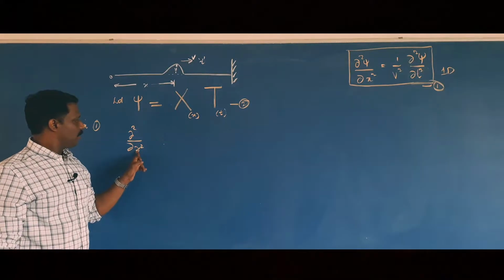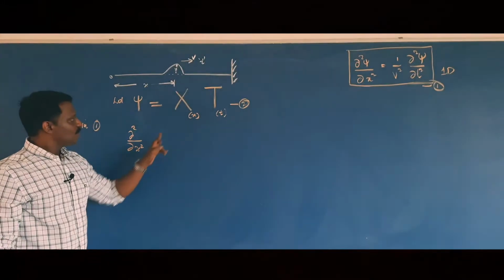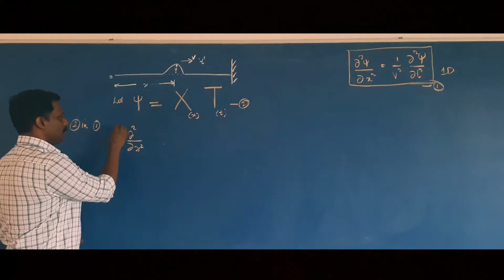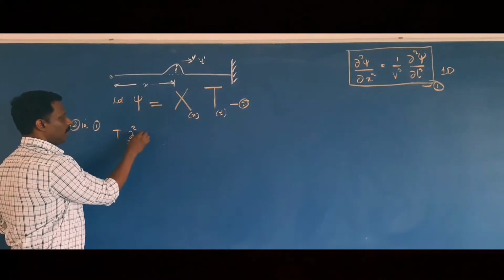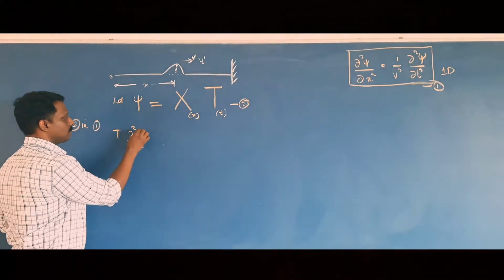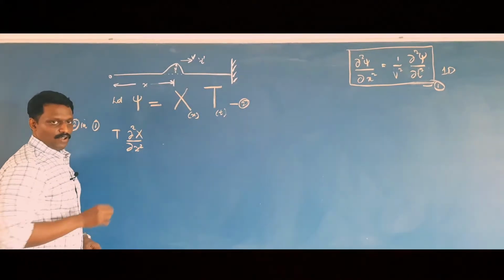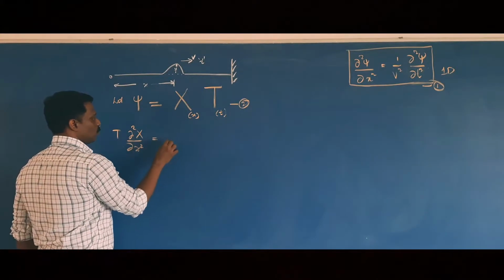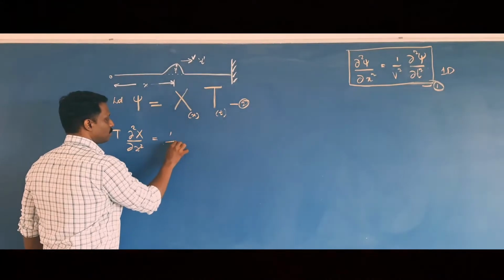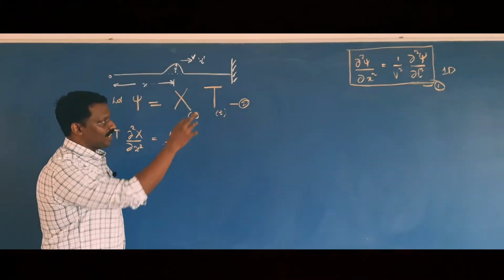Here it is with derivative with respect to x, so T is a constant term and can be taken outside. So ξ replaced with XT becomes T ∂²X/∂x², where X is a function of position, equal to (1/v²) ∂²ξ/∂t².